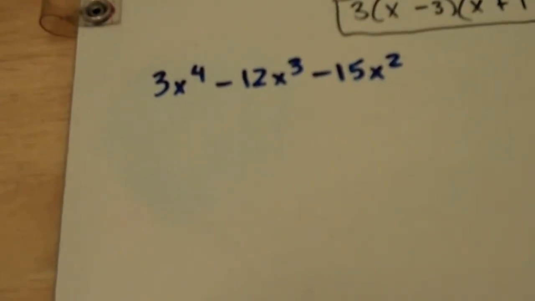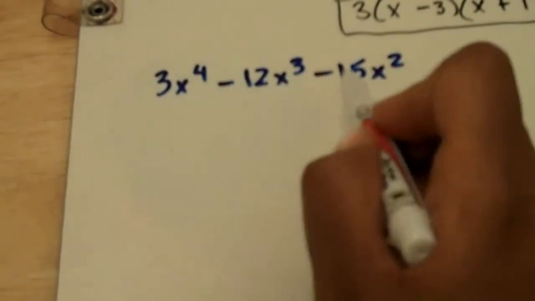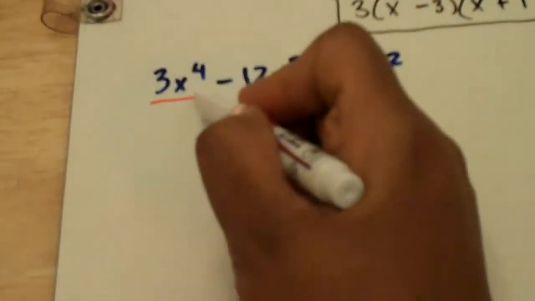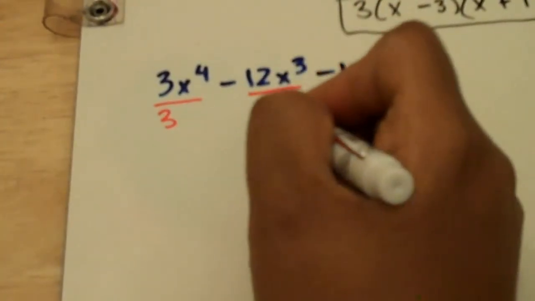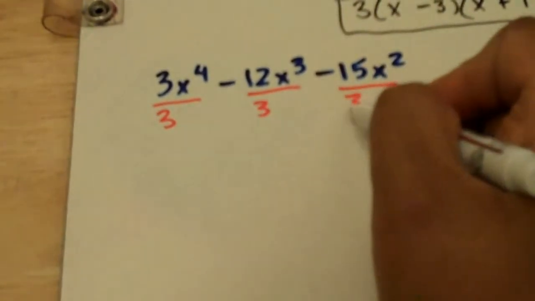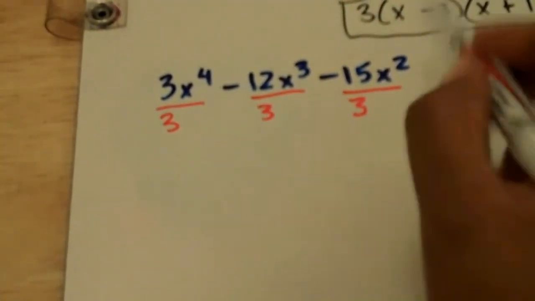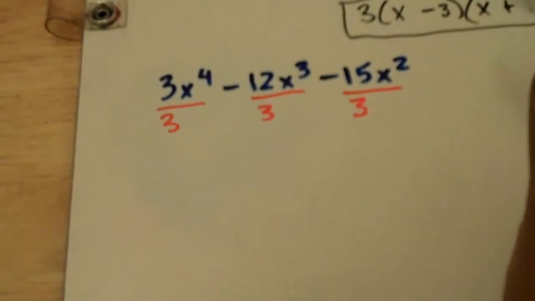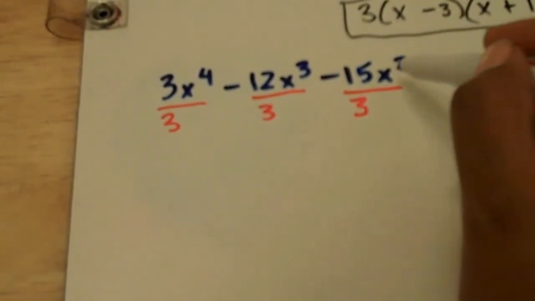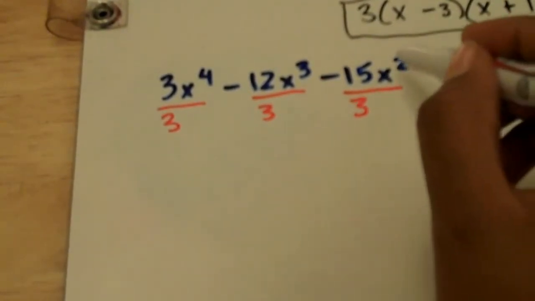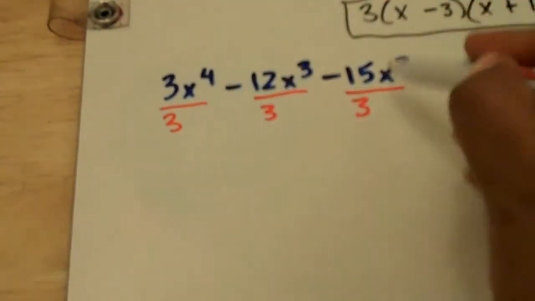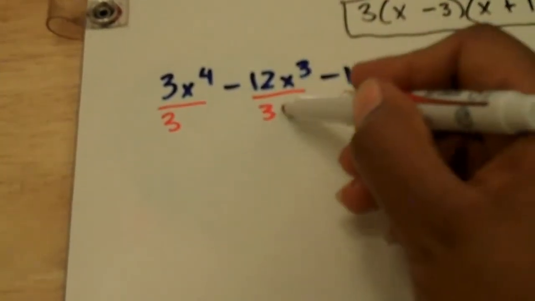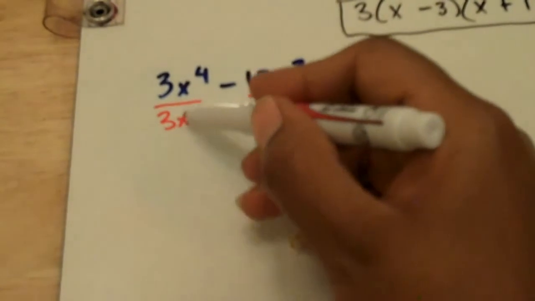If I look at the numbers, I see 3, 12, and 15. All of those are divisible by 3. If I look at the variable, I see my lowest exponent, the least exponent, the smallest one, is x squared. So I know I can take an x squared out of each of these terms. So my greatest common factor is 3x squared.